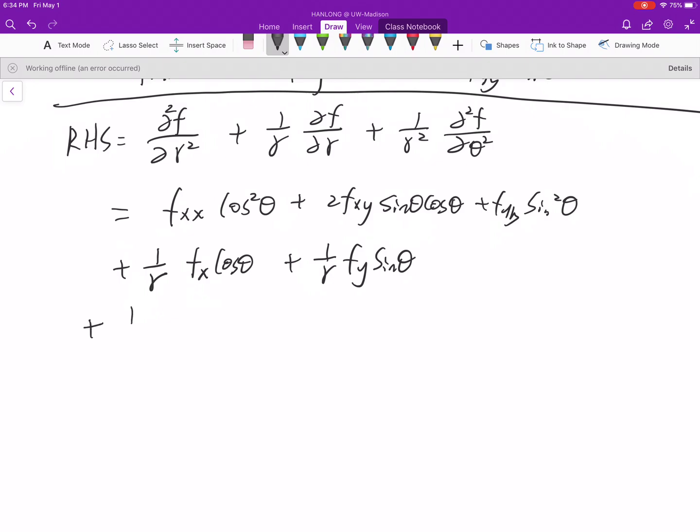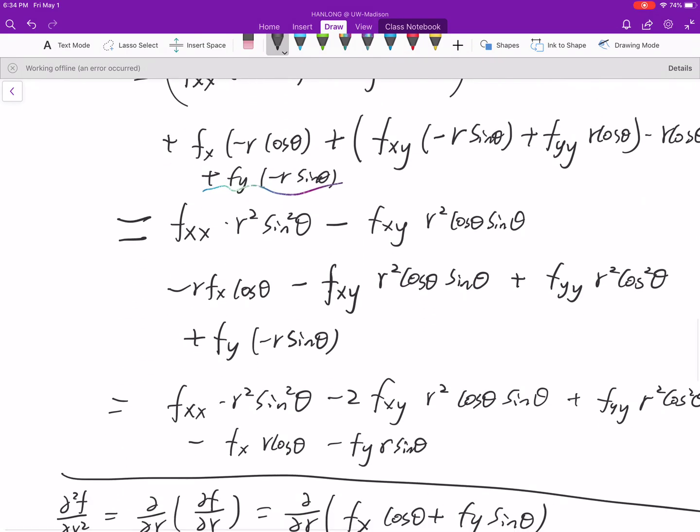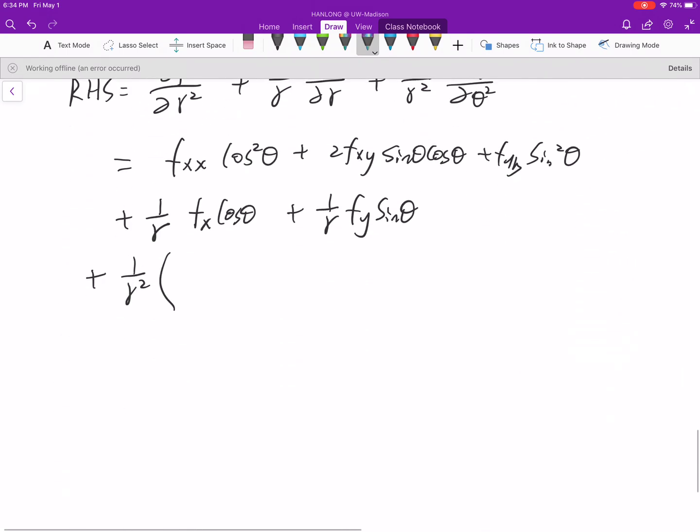Okay, then next you have 1 over r squared partial square f partial theta square. So recall previously we computed, the answer is here. So you plug in, what do you have?